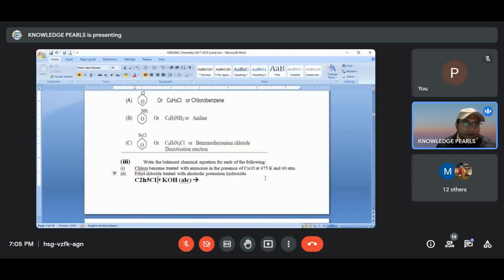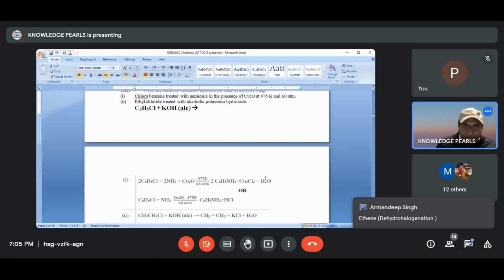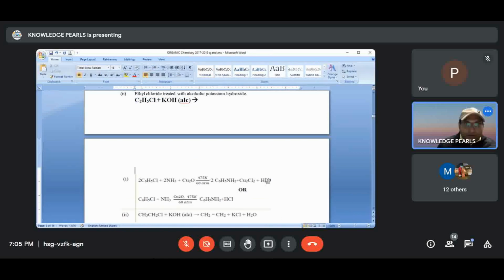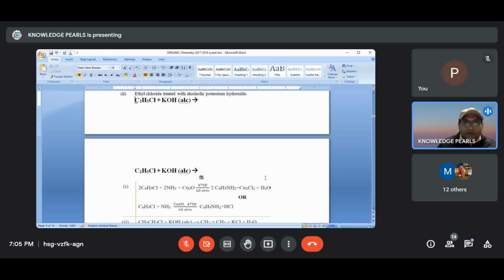And the second question is this one, aqueous. What would be the aqueous product and what would be the alcoholic product? What I want to know from you is what the two products are and how the two products will vary.